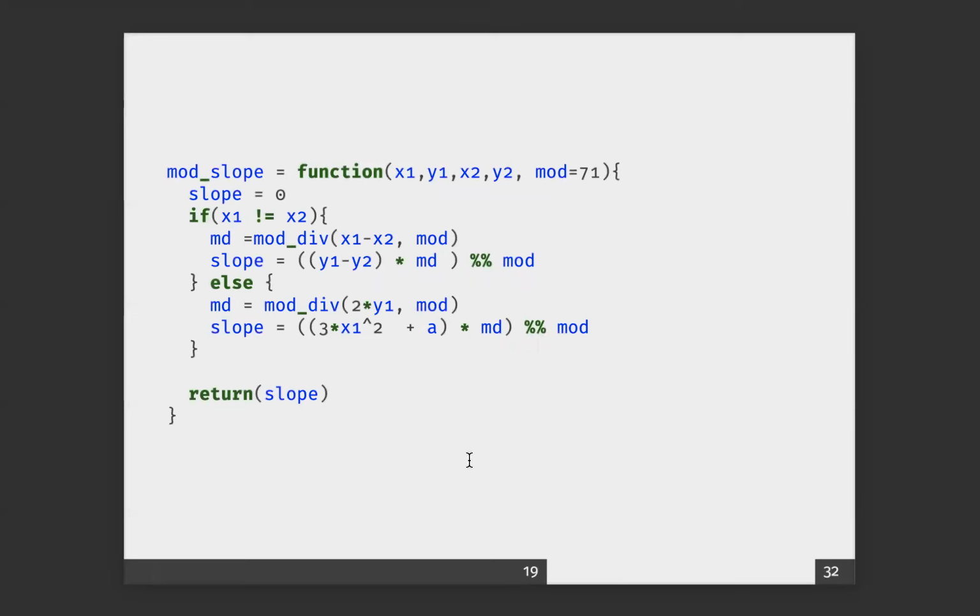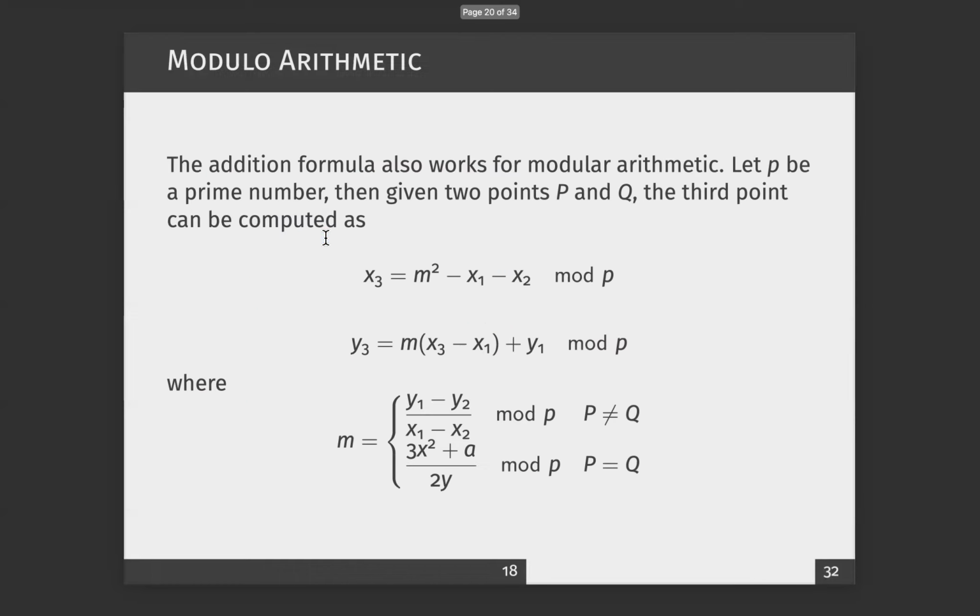And there's also a code here to get the slope modulo. What is important here is that there is this mod div. So if we go back here, in order to compute for M, you have numbers y1 minus y2 divided by x1 minus x2.